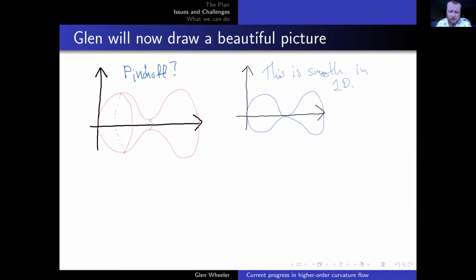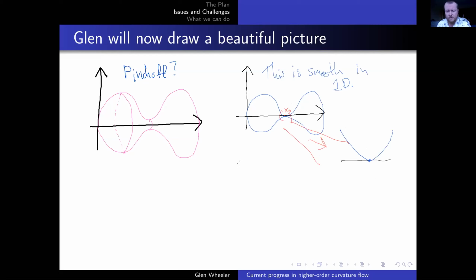And what you can do is zoom in on this point here, x0, and take a look at it. Let's look at the top part. At this point, we have something which looks like a convex graph, like a quadratic. We can look at the evolution equation for the graph function at that point.